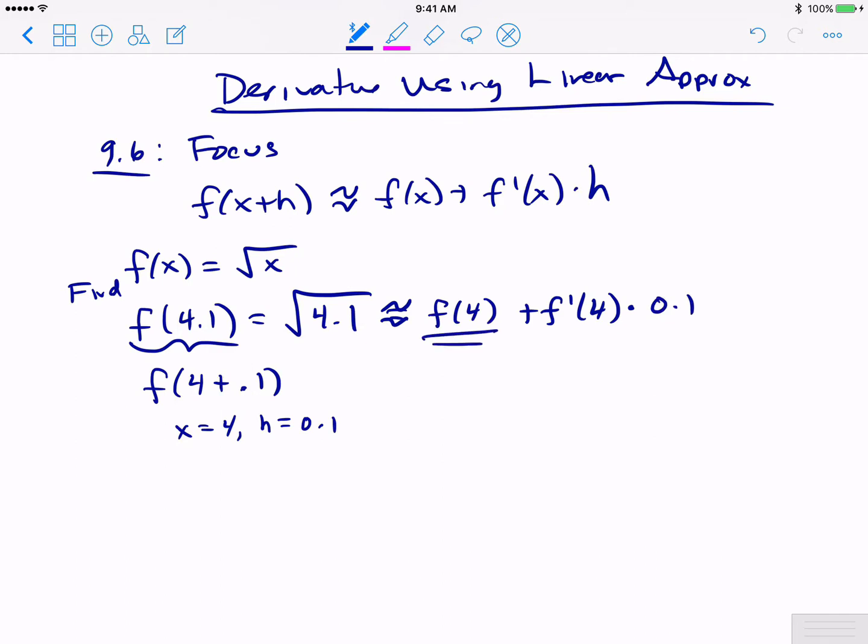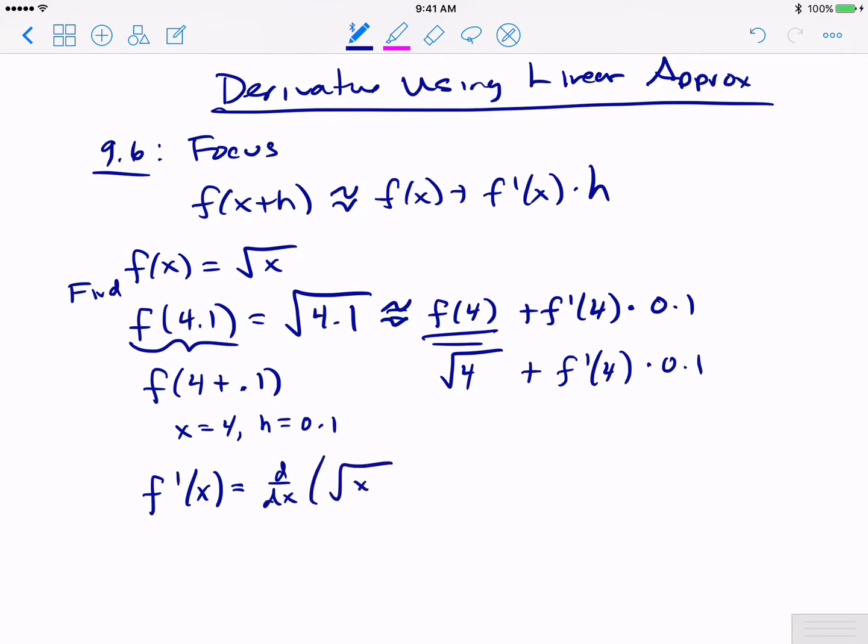The function evaluated at 4 is the square root of 4. I need the derivative of my square root function at 4, and then I need to multiply that by 0.1. Okay, but from the power rule, f prime of x, that would be the derivative of the square root of x.